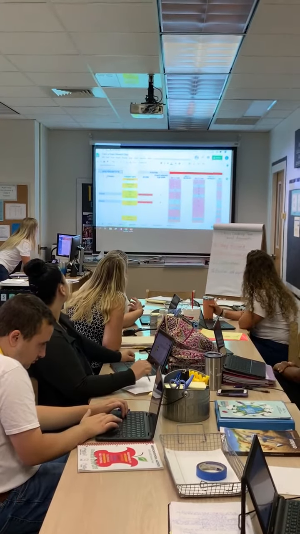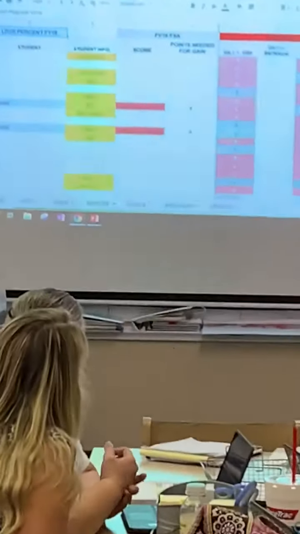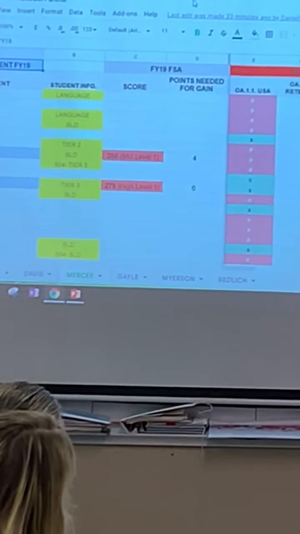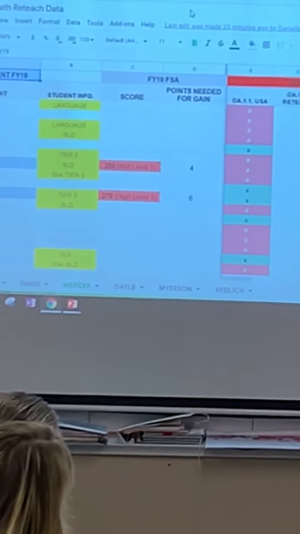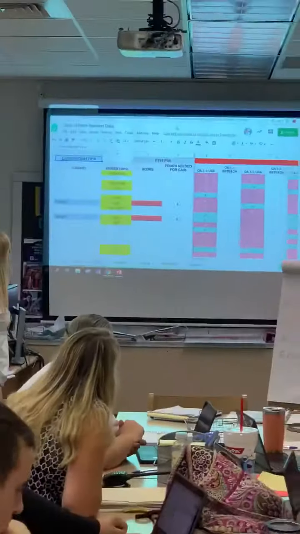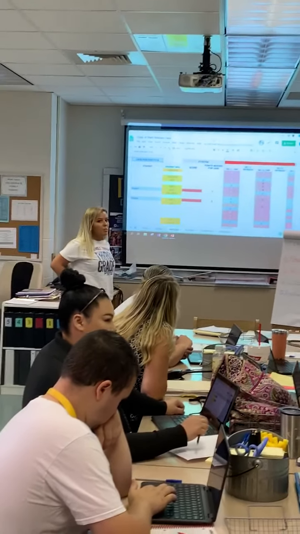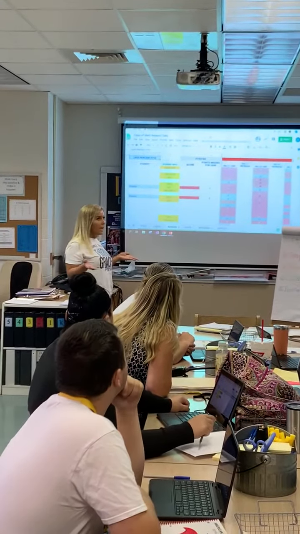This is an example, Miss Mercer's. If you look, I added a little area that says FY19 FSA. Obviously this doesn't apply to all of the kids, but like I said, we all have at least 1 and we need to get those gains.